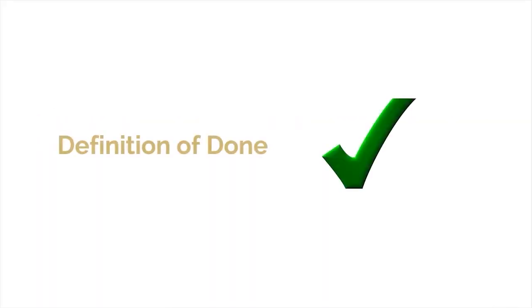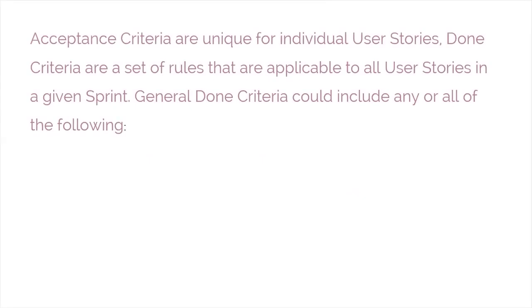Definition of done. The major difference between done criteria and acceptance criteria is that acceptance criteria are unique for individual user stories, whereas done criteria are a set of rules that are applicable to all user stories in a given sprint. As with the acceptance criteria, all conditions of the done criteria must be satisfied for the user story to be considered done.